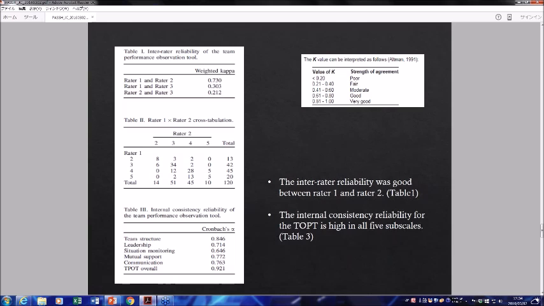And in the lower left, table 3, the internal consistency reliability for the TPOT is high in all 5 subscales, so there is not actually a difference between subscales. Let me move back to table 1. In other words, between rater 1 and rater 3, or between rater 2 and rater 3, there is a little bit lower inter-rater reliability. You can think about the reason.